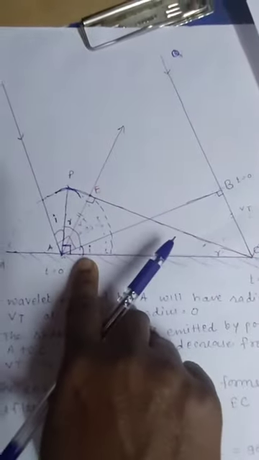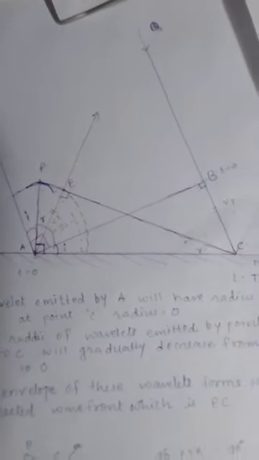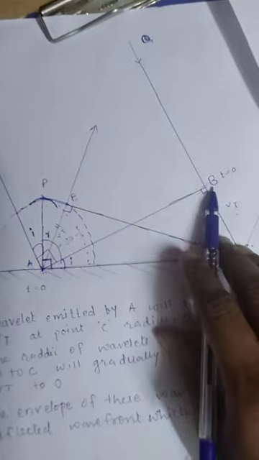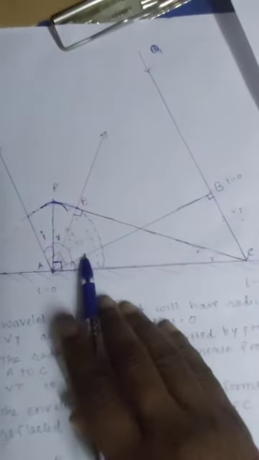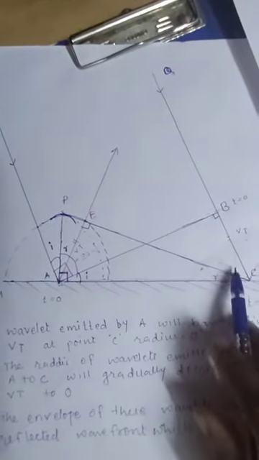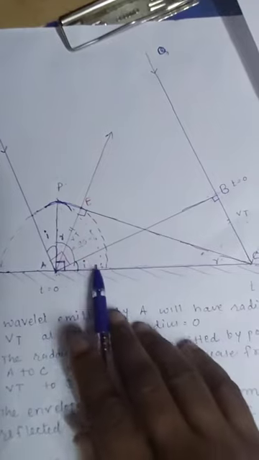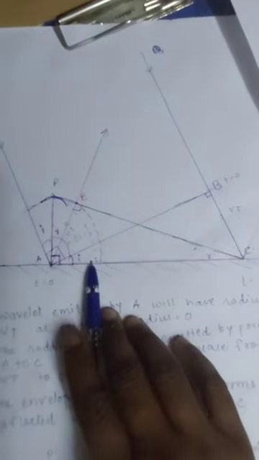How much is your BAC? We have already seen BAC is I. So we can write ACE is equal to BAC is equal to angle of incidence I.